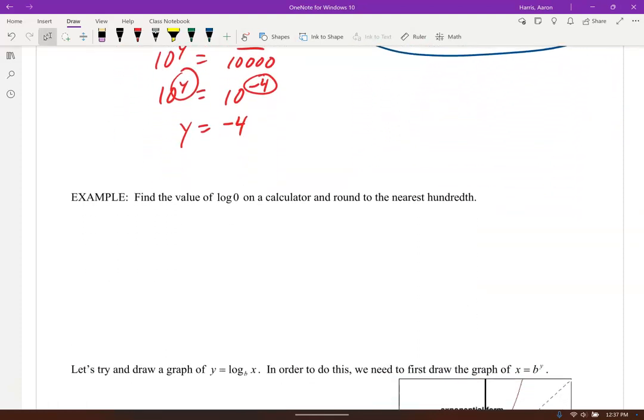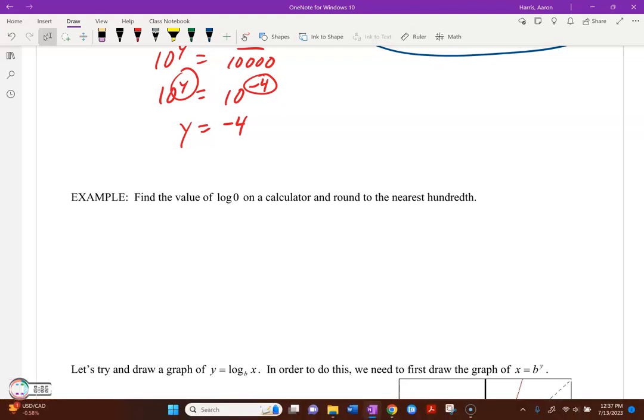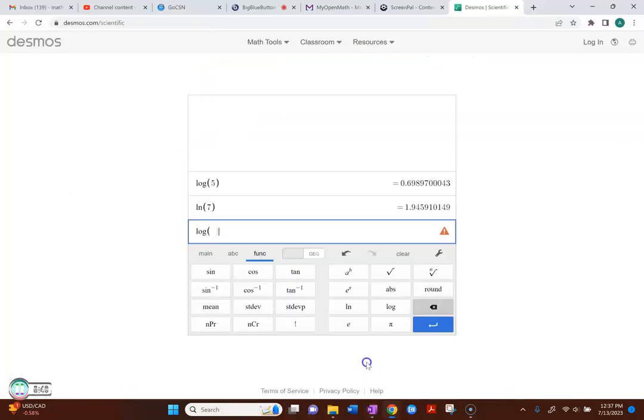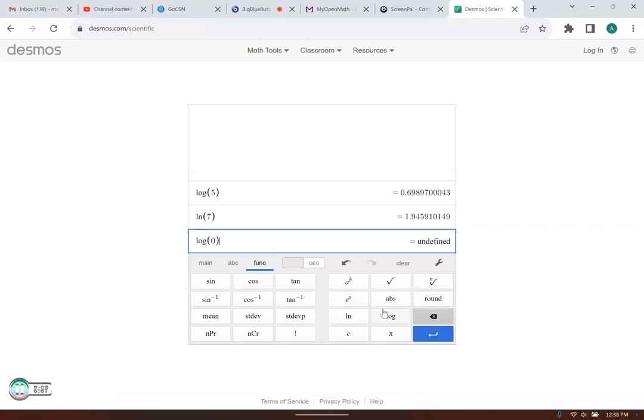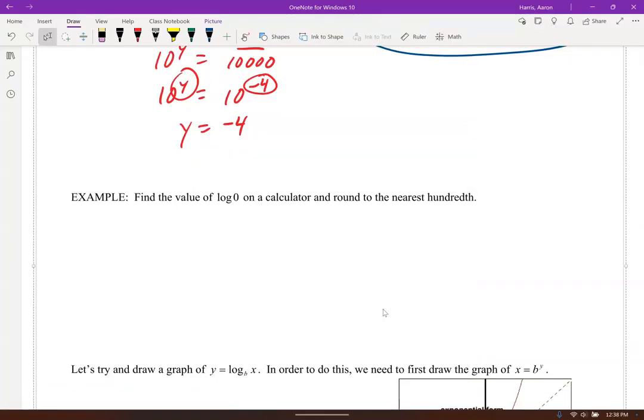All right, find the value of log 0 on a calculator and round to the nearest 100. Let's go ahead and punch it in. Remember, log 0, there's no base, so it's base 10. Log 0. Oh, guess what? This thing is undefined, right? Why is this thing undefined? Well, let's look at it for a minute.